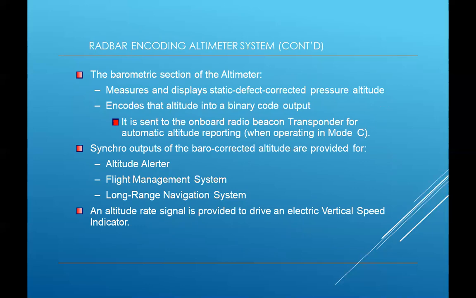This is sent to the onboard radio beacon transponder for automatic altitude reporting. Synchro outputs of the baro corrected altitude are provided for the altitude alerter, flight management system, and long range navigation system. An altitude rate signal is provided to drive a vertical speed indicator.